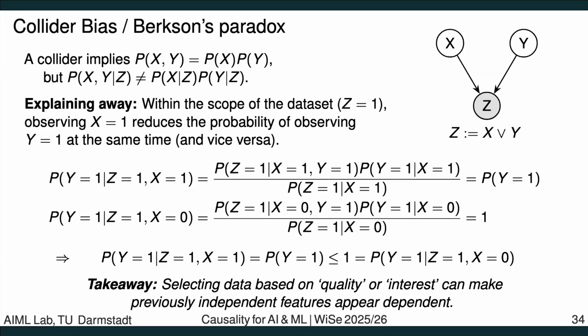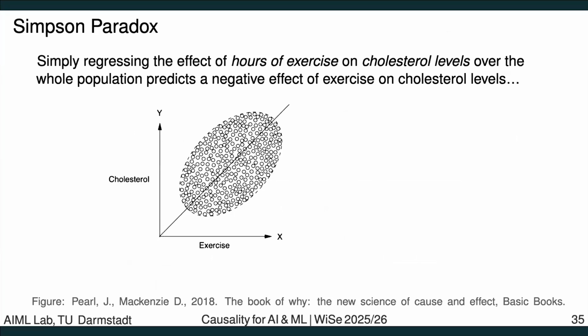I mean, probably you have seen it in other courses already, but this is a problem if we select data sets based on quality or interest. We need to be careful that we don't get confounding in a way that other factors that are not our target variables might induce those biases, which is then based on the quality or maybe the format of some of those images.